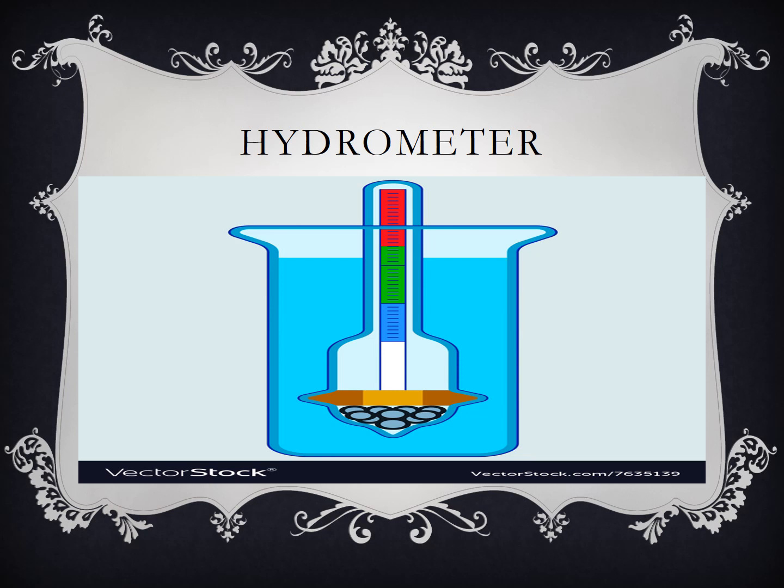The lower spherical bulb is partially filled with lead shot or mercury. This helps the hydrometer to float or stand vertically.